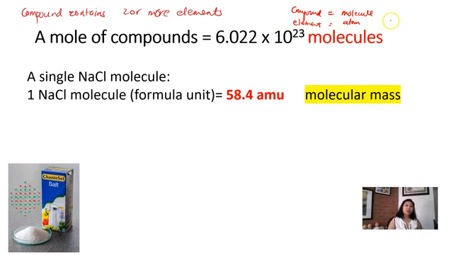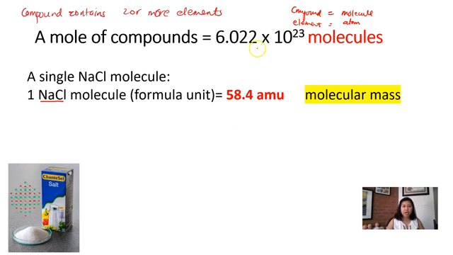Okay, so when we're dealing with compounds, a mole of compound will contain the Avogadro's number of molecules, individual molecules. So a single sodium chloride molecule will have a weight that is the sum of the weight of one sodium atom and one chlorine atom.